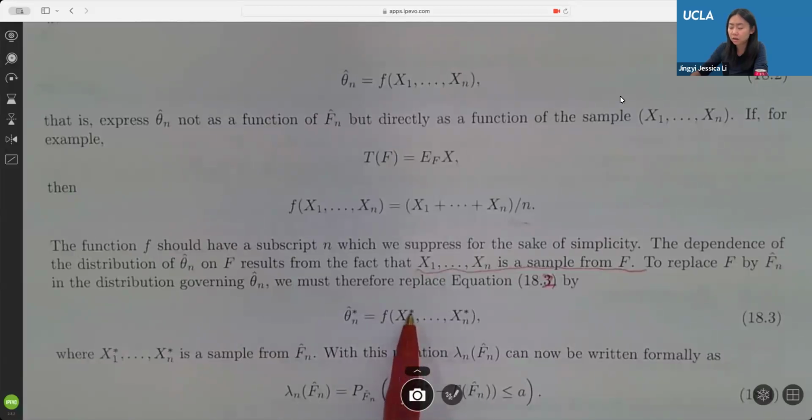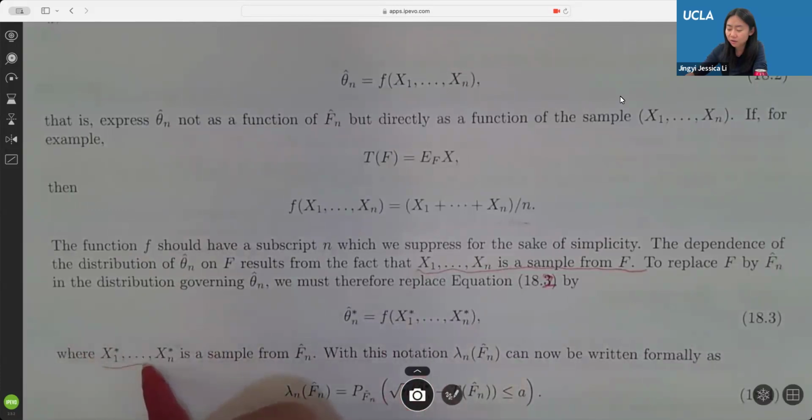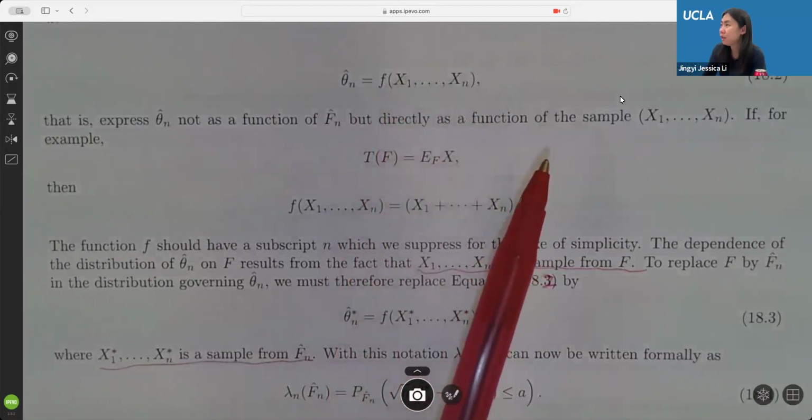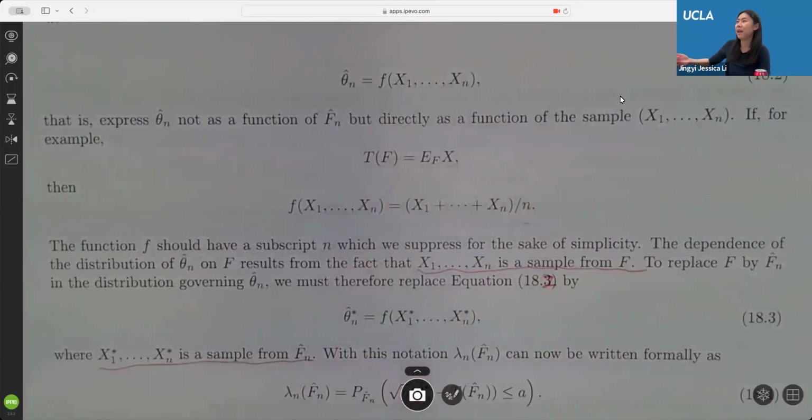We have X1 star to Xn star, and they are from F_n hat. Same function f to map a sample to an estimator, but the sample is now different. Previously, we looked at a sample from F. Now we're replacing F by F_n hat, so we need a hypothetical sample from F_n hat. Correspondingly, this is theta_n hat star, an estimator based on the hypothetical sample from F_n hat.